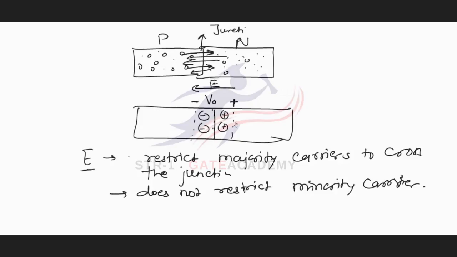So this electric field will prohibit further diffusion of majority charge carriers across the junction, and a PN junction will be formed as shown in the figure.